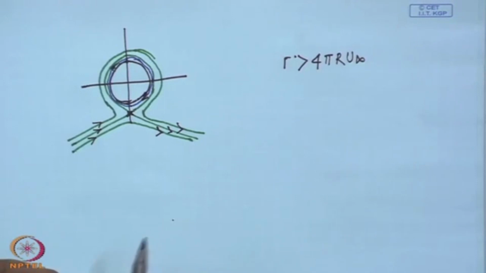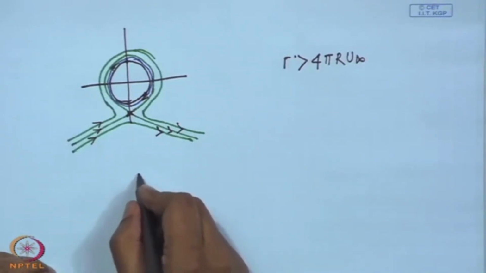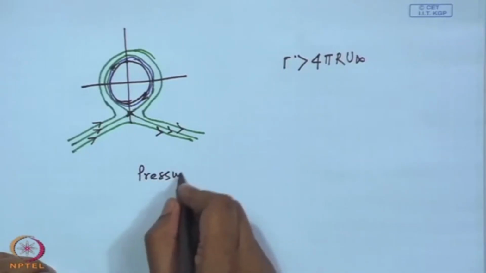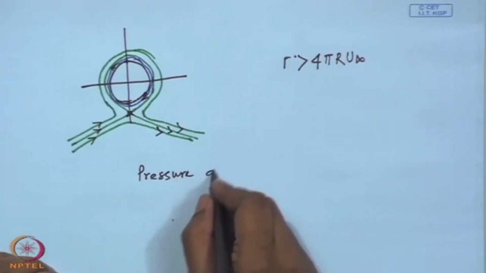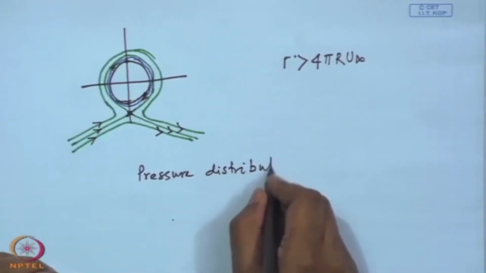What will be the pressure coefficient? The pressure distribution, or pressure coefficient, on the surface of the cylinder.